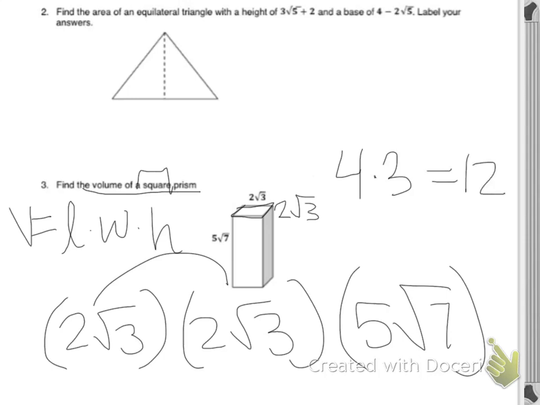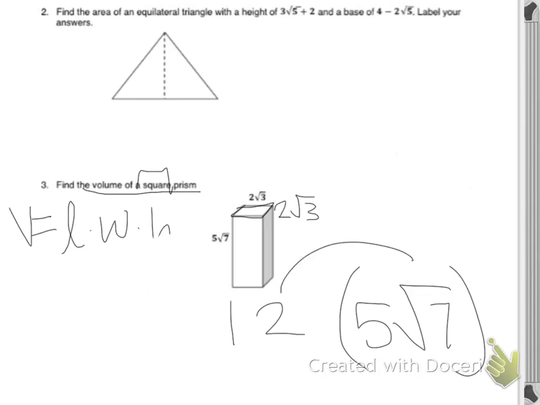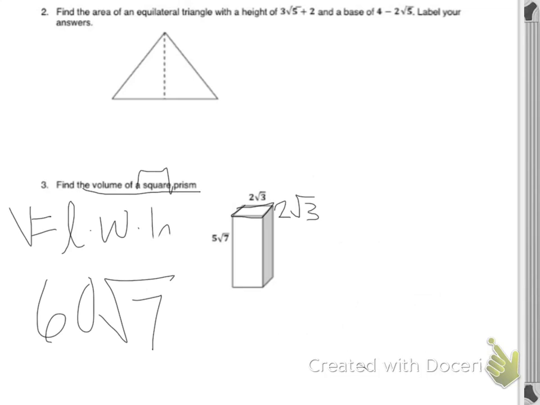So from there you're going to take 12 and multiply it by 5 square root of 7, which would give you 12 times 5 is 60 square root of 7. And that would be your final answer. So for these, you just got to remember to do length times width times height.